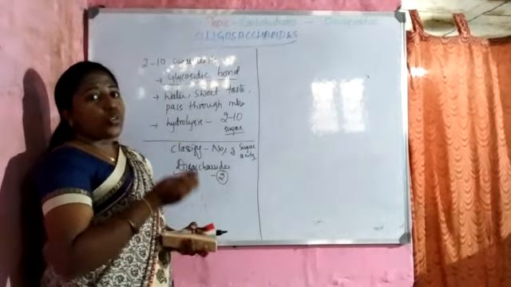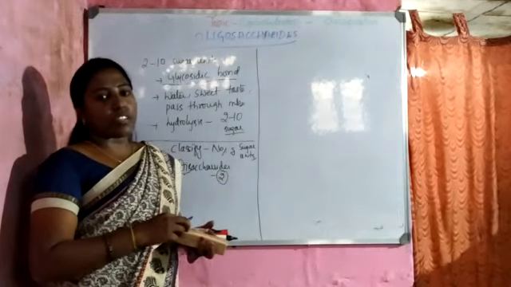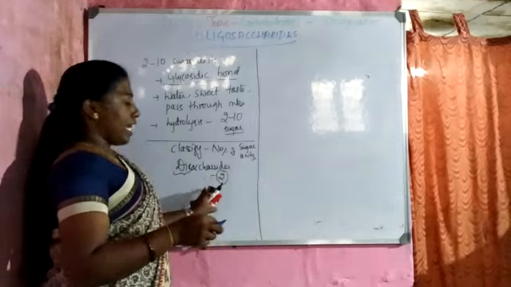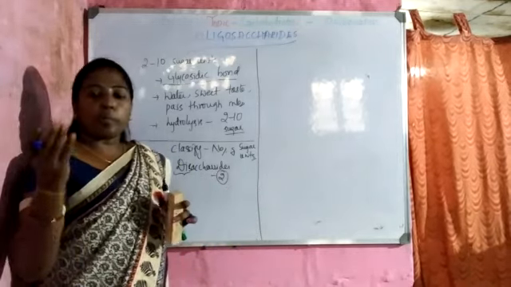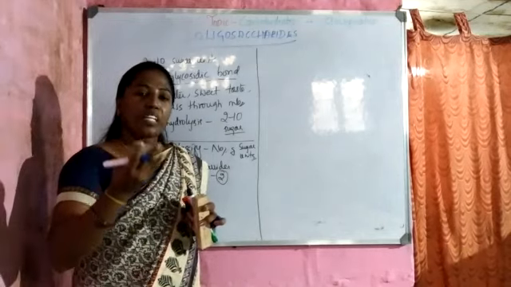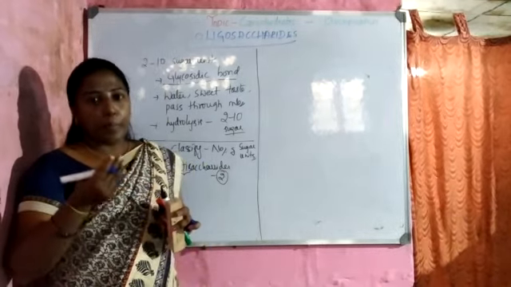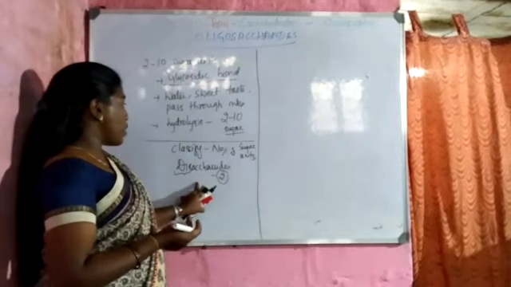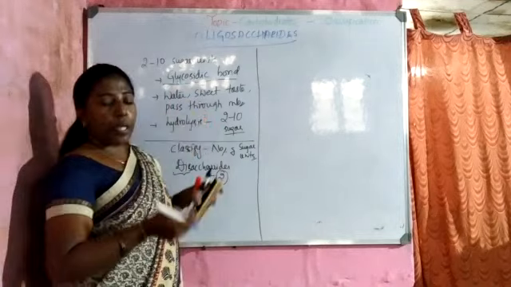So disaccharides are made up of 2 sugar units connected by a glycosidic bond. They are also soluble in water, sweet in taste, and able to pass through the membrane because they are also oligosaccharides.